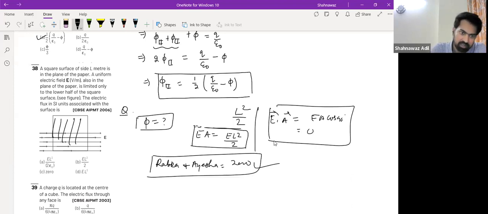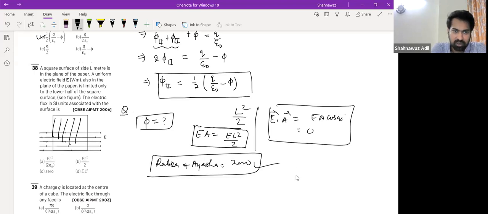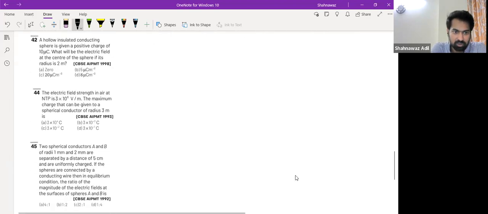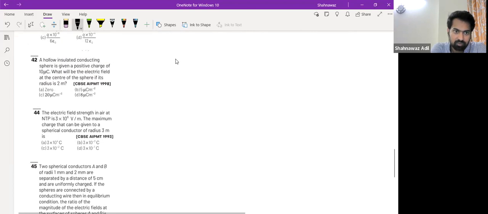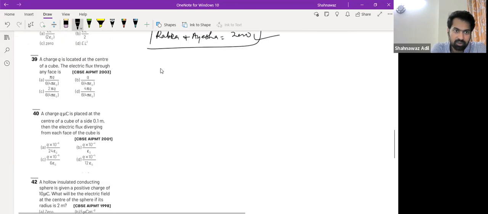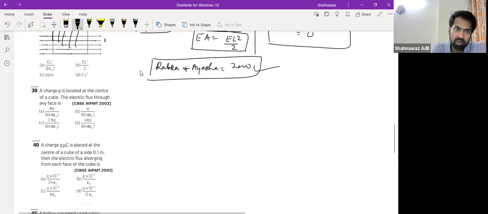Now, I don't have many questions to do. Okay, so 39th question. A charge Q is located at the center of a cube. The electric flux through any face.